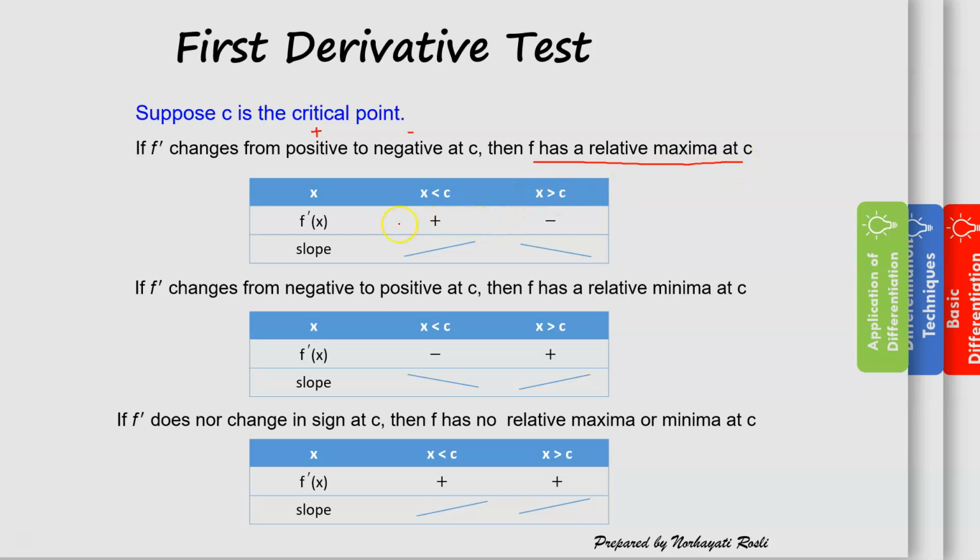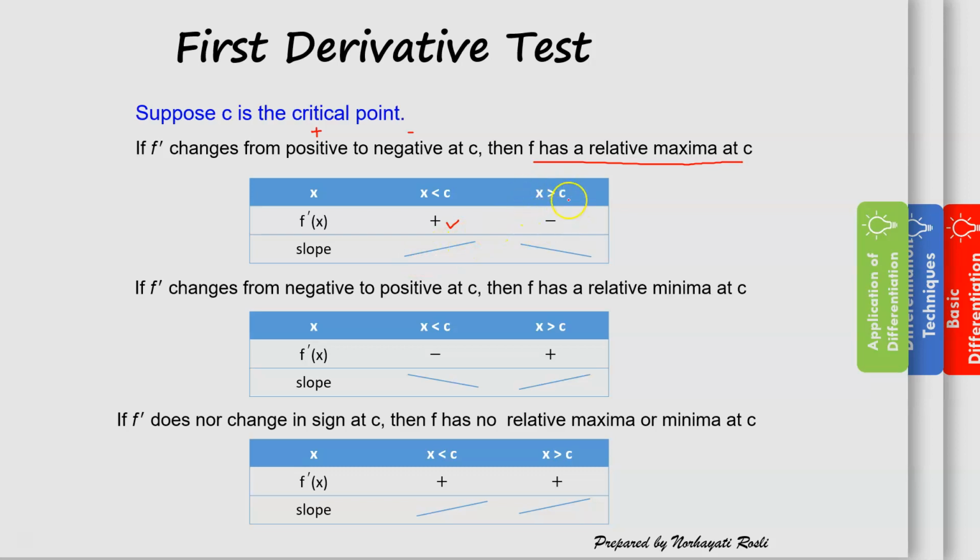To understand further, let's go to this table. Let's say we have a point C as a critical point. When x is less than C, f prime of x is a positive value, meaning the slope will be an uphill trend.